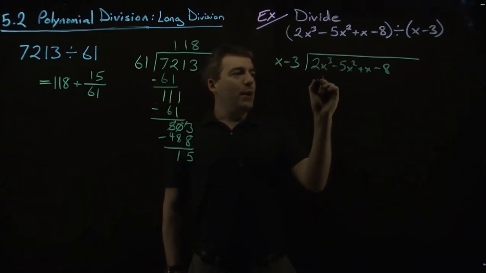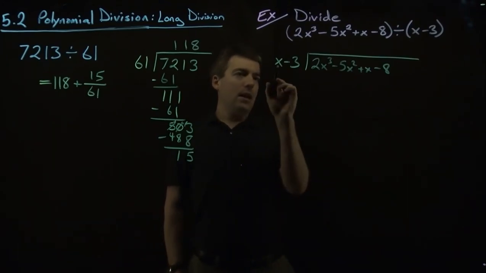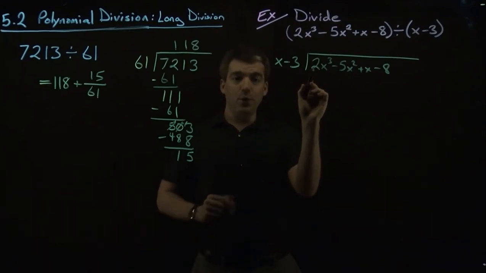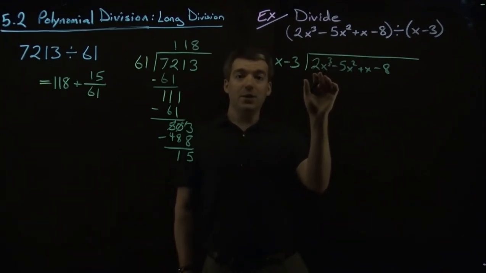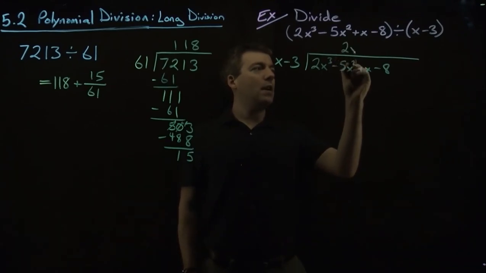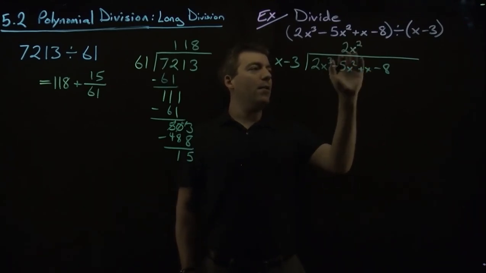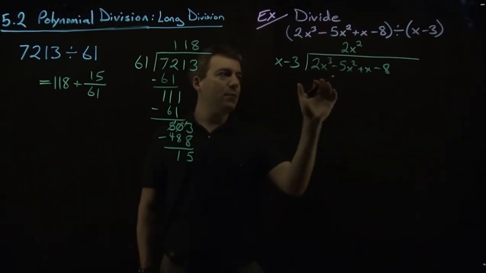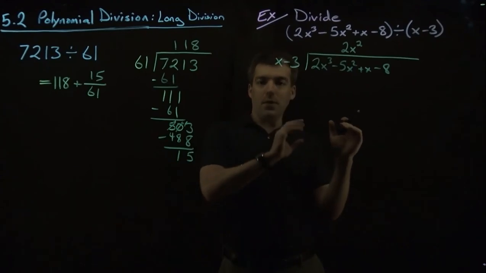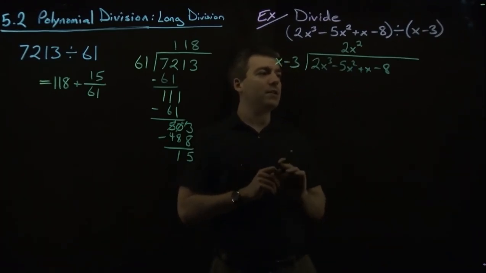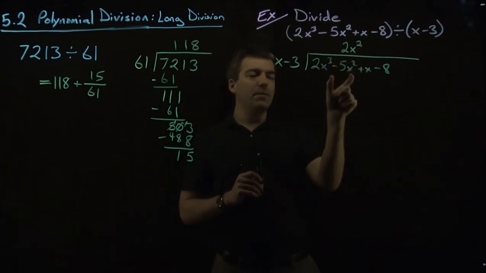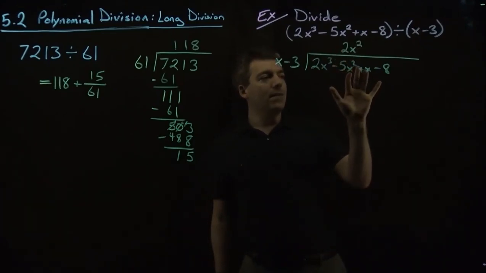So the term here is 2x cubed, and that first term here is going to be an x, so we're really missing a 2, first off, then we're missing an x squared. Okay, so I'll put the 2x squared. Now I know if I multiply this by the x, we'll get 2x cubed, which will then be subtracted away. It'll be 0 after we subtract. And also I'm putting the 2x squared in this position above the negative 5x squared.